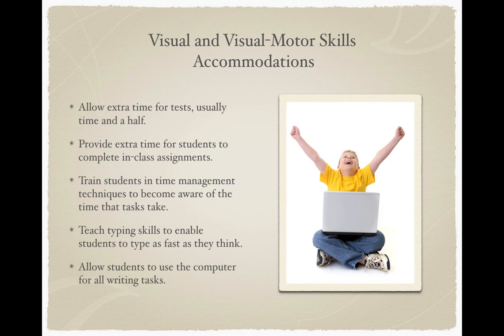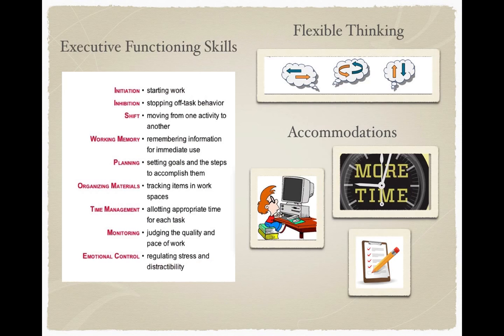Teaching typing skills for these students once they get past third grade so they can become a very quick and efficient typist. And then once they can type, allowing the use of a computer to alleviate this motor component and allow them just to get their ideas out.